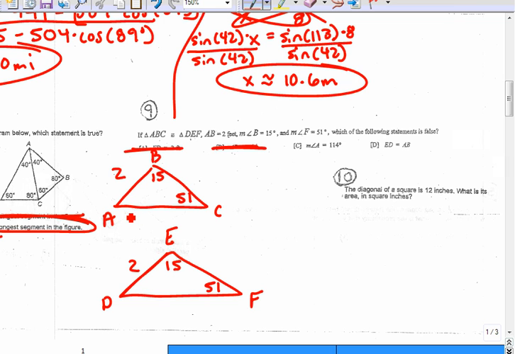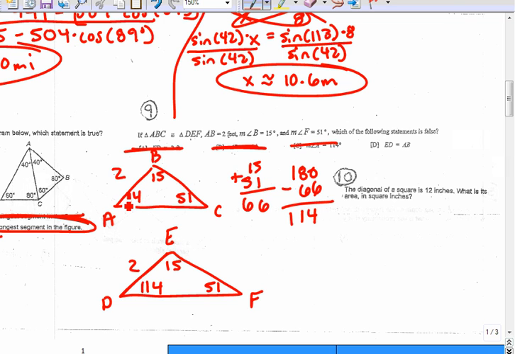All right, the measure of angle A is 114 degrees. Well, let's see. 51 plus 15 gives me 66 degrees, and then 180 minus 66 does in fact give me 114 degrees. So this would be 114 degrees, as would this. So that's not false.